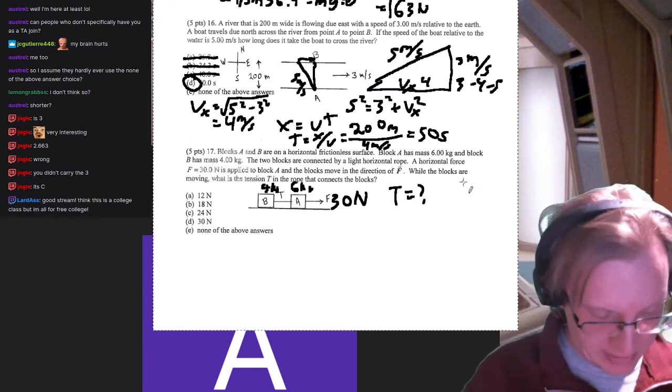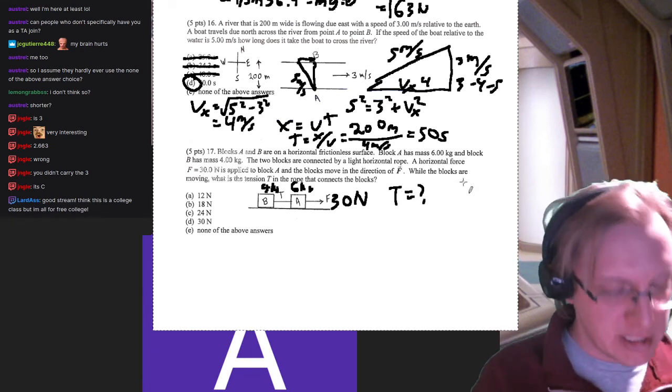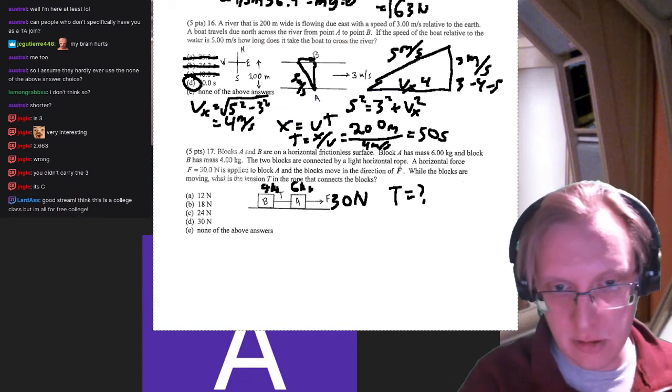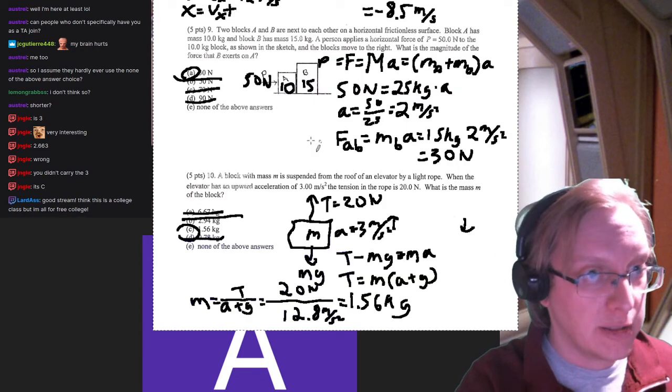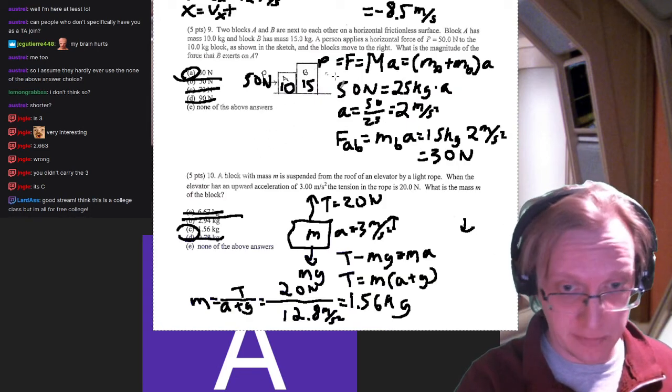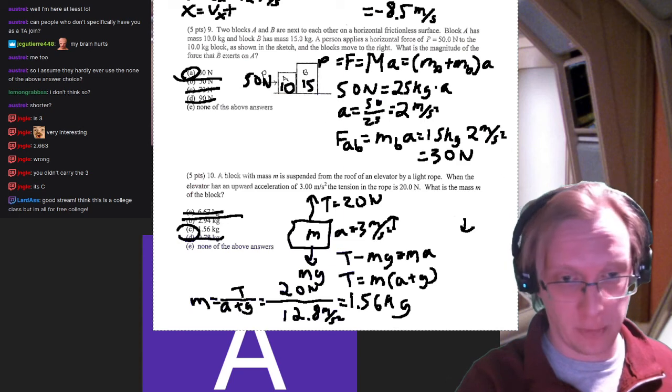All right, we're going to take this the short way. It's basically the same problem as this one, but instead of pushing on each other, they're pulling on each other.